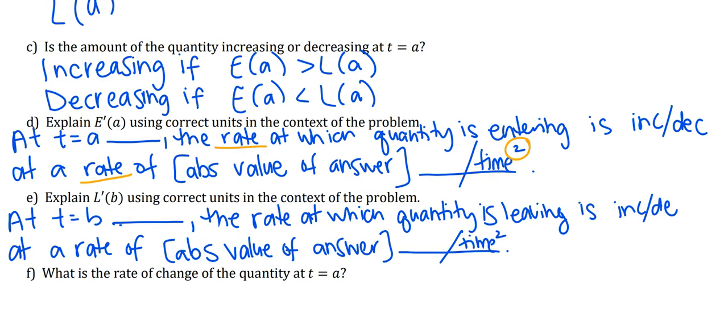Once again, I see the word rate twice. I should have 2 units of time in the denominator. If this is calculator active, this would be like a math 8 type of question, okay?